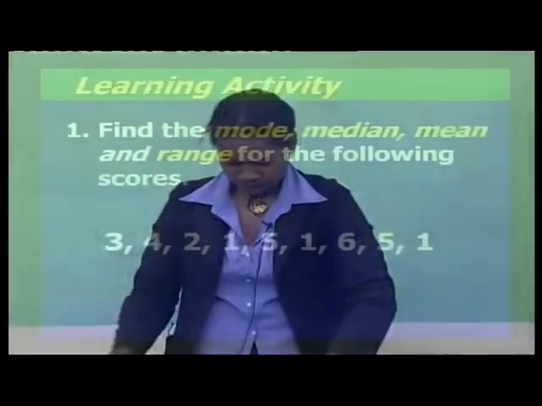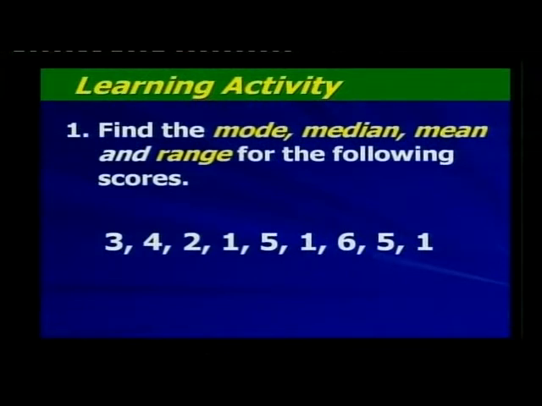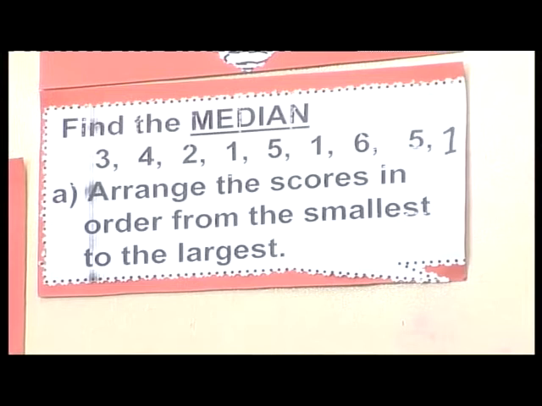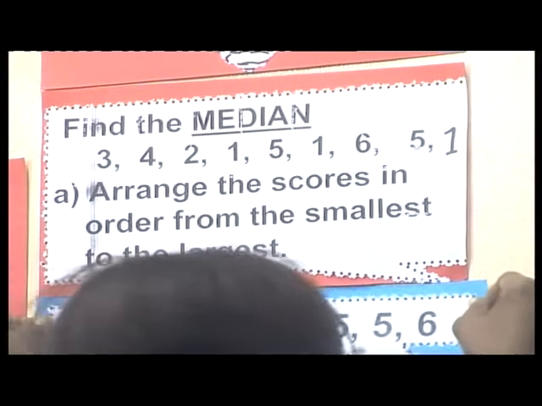Using the same scores, we will now try to work out the median. Firstly, it's always best to arrange the scores in order, like what we have done for mode.